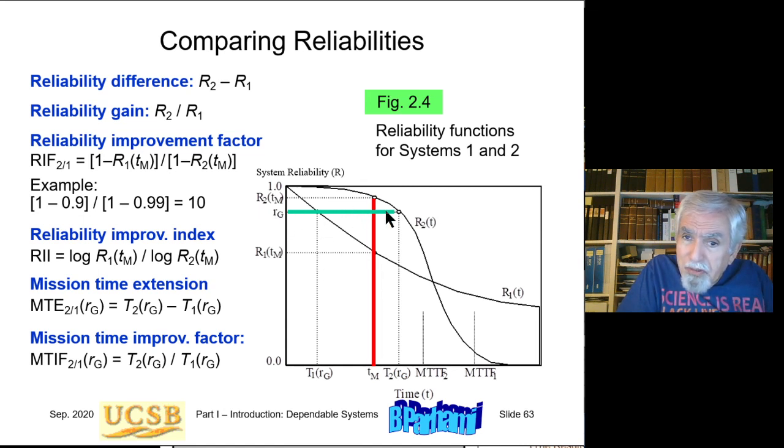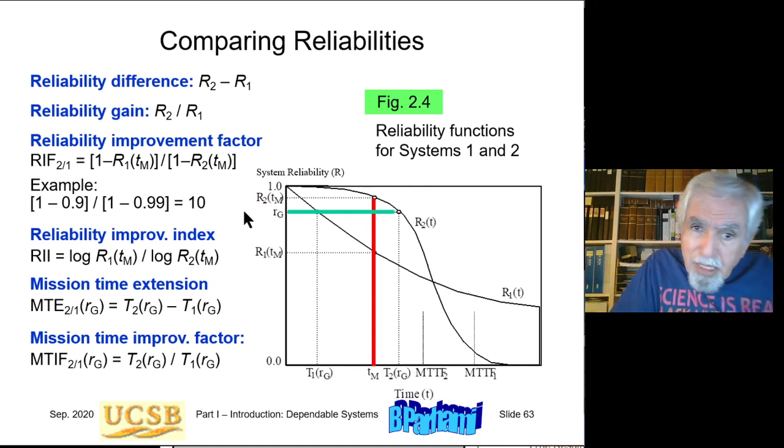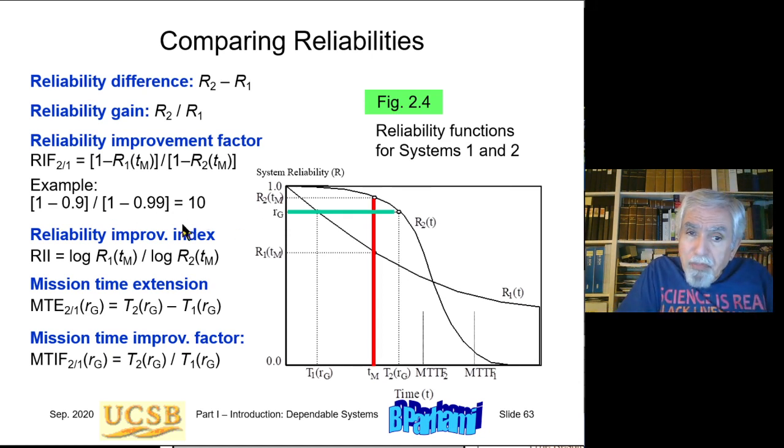System 2, we can use it for this period before its reliability drops below that agreed upon level RG. The difference of these two mission times is the mission time extension: how much longer can this system operate compared with this one? And the ratio of the two mission times is called the mission time improvement factor. So it seems in this diagram that this system can operate 4 times as long as this system for the same reliability level.